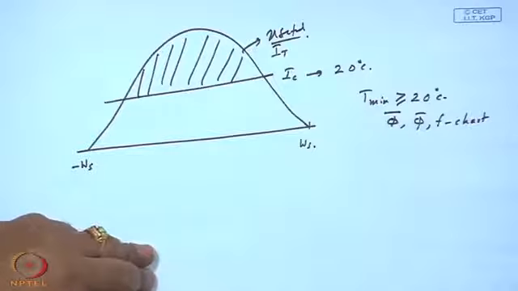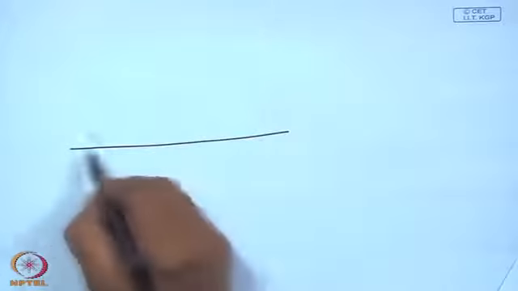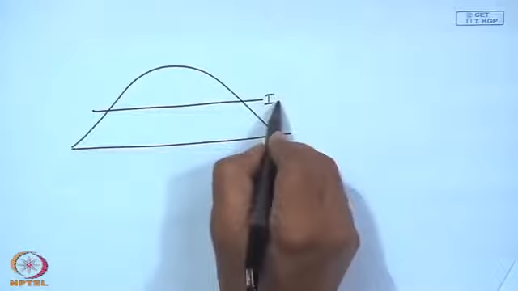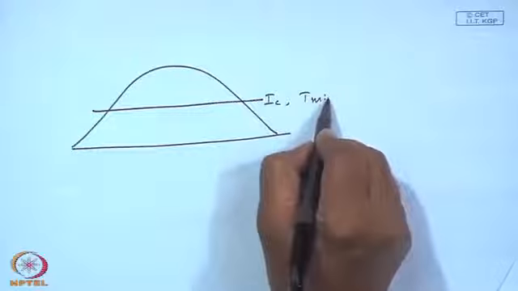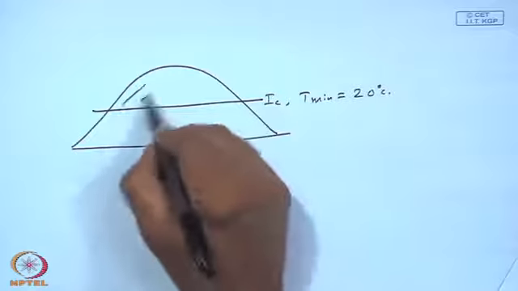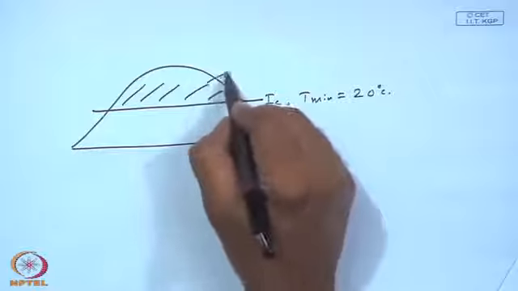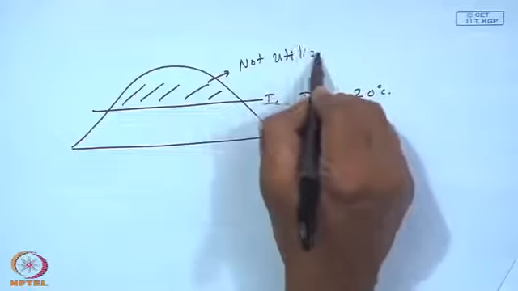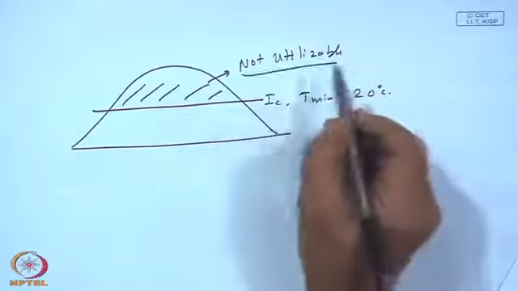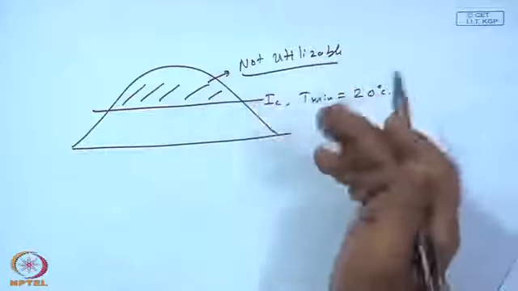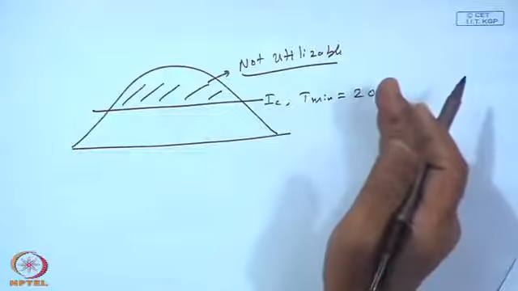In the case of a direct gain window, this is I_C corresponding to T minimum, let us say 20 C, this is not utilizable. In other words, when the radiation is above this critical level, it heats the room beyond 20 degrees C, which we do not want.